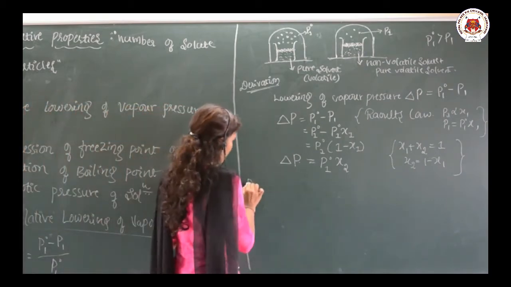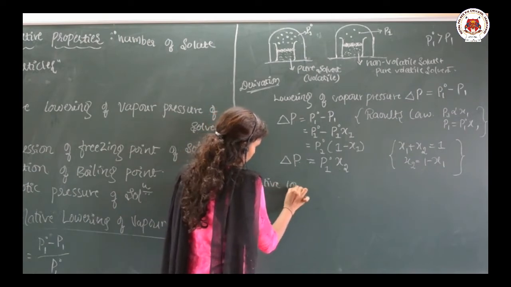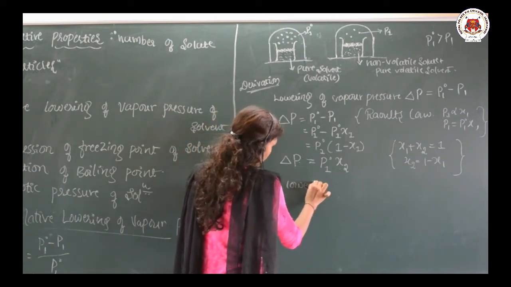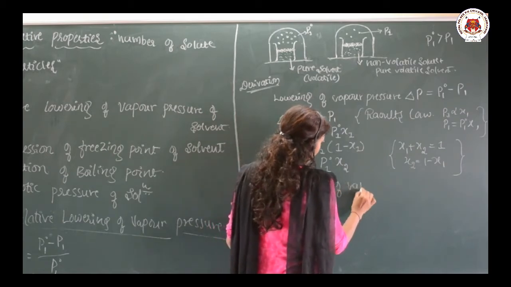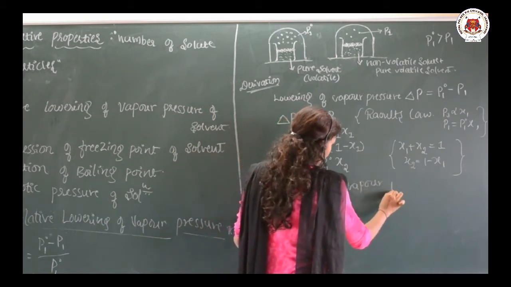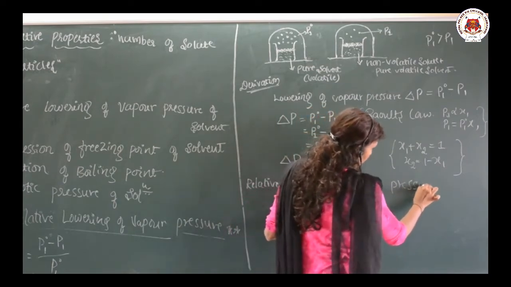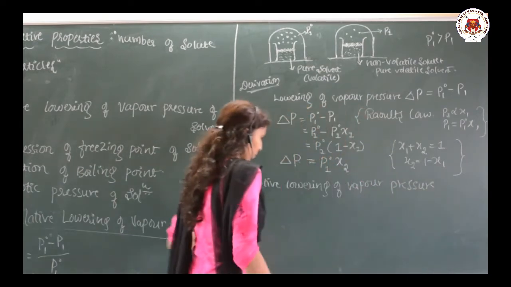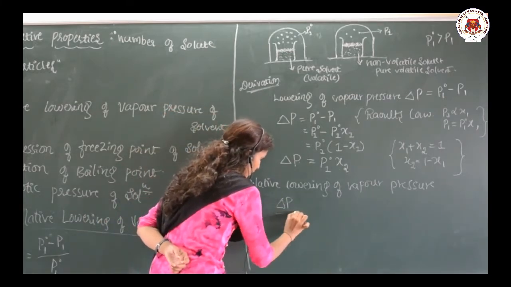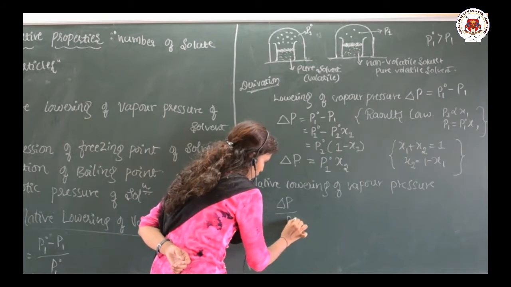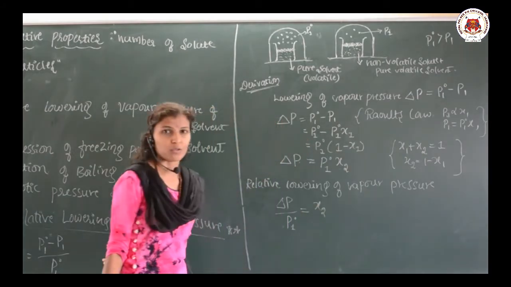So, relative lowering of vapor pressure, that is delta P divided by P1 naught, is equal to x2.